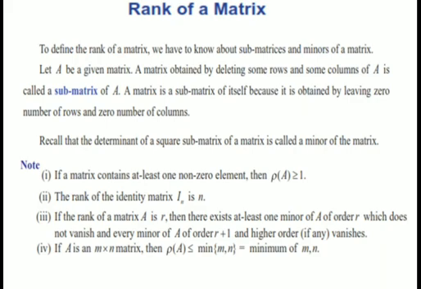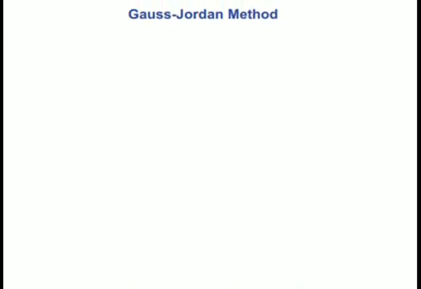If A is an m into n matrix, then rank of A is less than or equal to the minimum of m comma n. A square matrix A of order n has an inverse if and only if rank of A equals n.